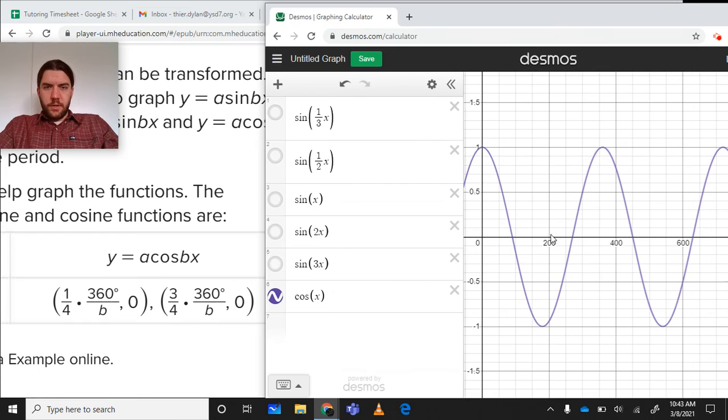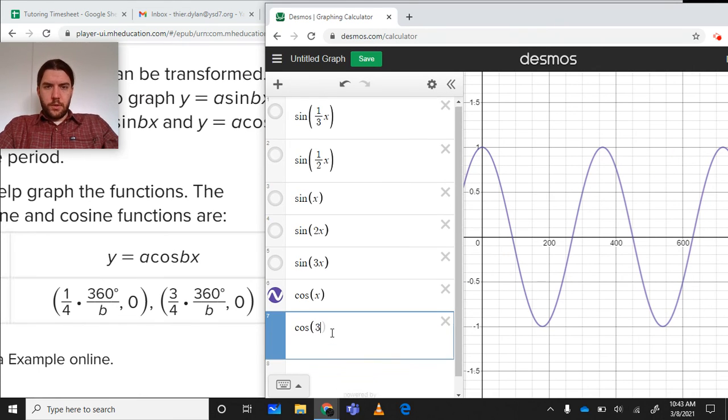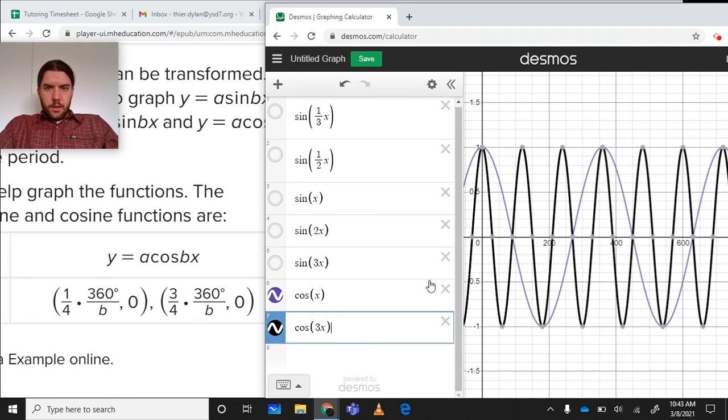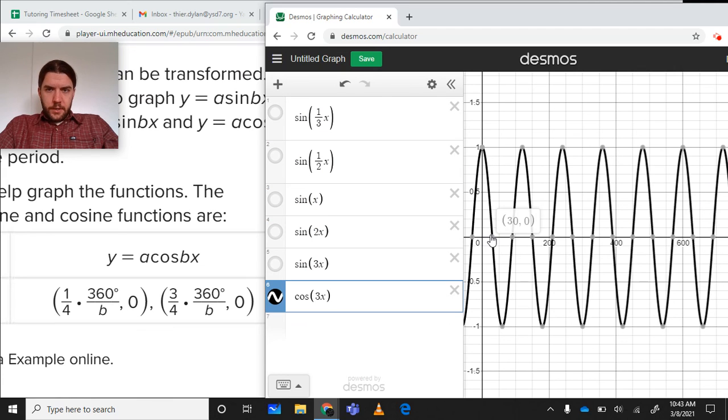Now, if our cosine function has been changed around a little bit, for example, if we do cosine of 3x, then we're expecting to get to those locations in a third of the distance. We're dividing that 360-degree number by 3. So in this one, 360 divided by 3 would be 120, and then times 1/4 would be 30 degrees.